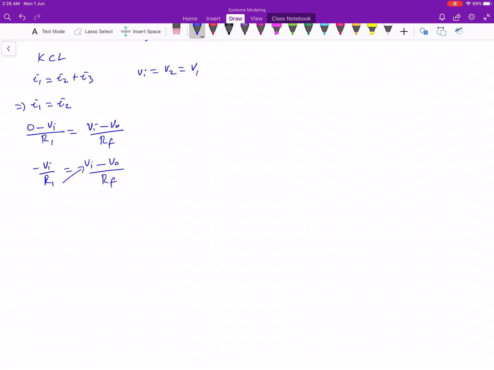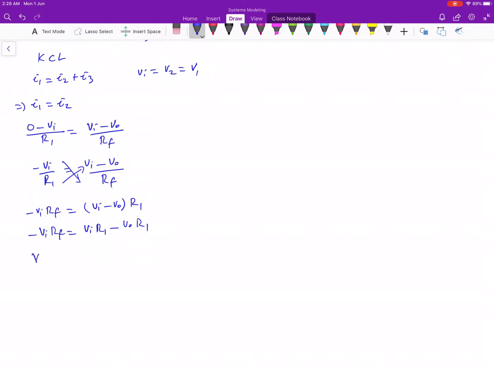If we cross multiply this, we're going to have minus Vi Rf is equal to Vi minus V0 times R1. Let me just simplify this. Then we have Vi Rf is equal to Vi R1 minus V naught R1. Take the V naught on the other side and take the Vi on one side.